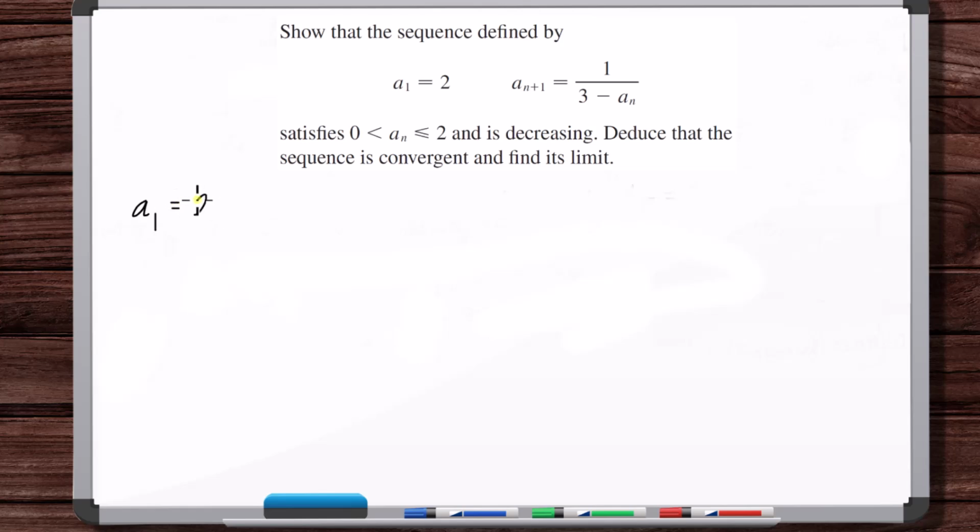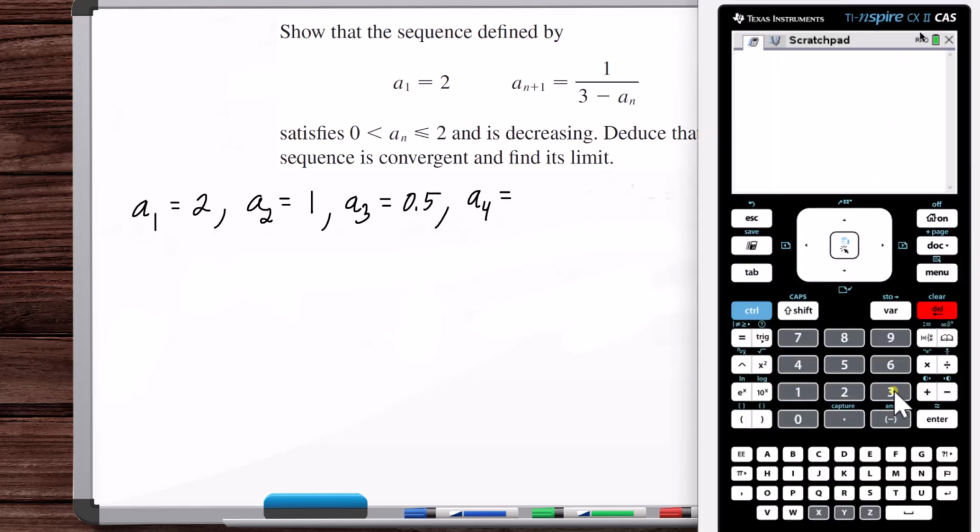So a sub 1 is equal to 2. A sub 2 is 1 over 3 minus a sub 1. So 3 minus 2 is 1, 1 over 1 is 1. A sub 3 is 3 minus 1 is 2, 1 over 2, so 0.5. A sub 4 is going to be 3 minus 0.5, 1 over 2.5 is 0.4.